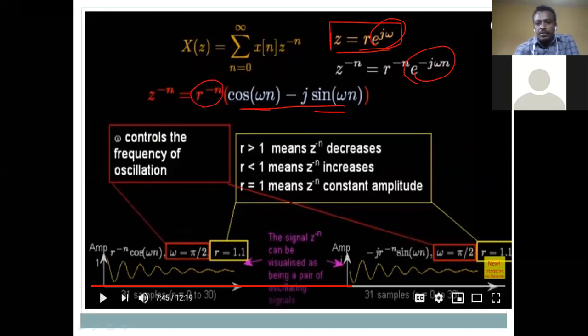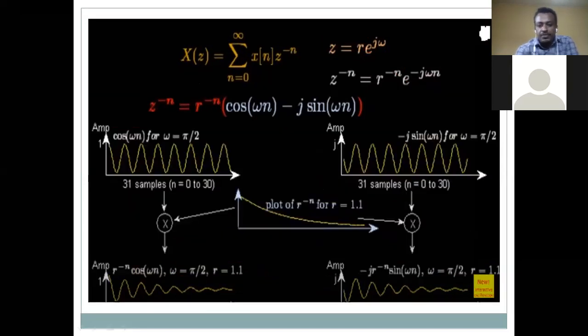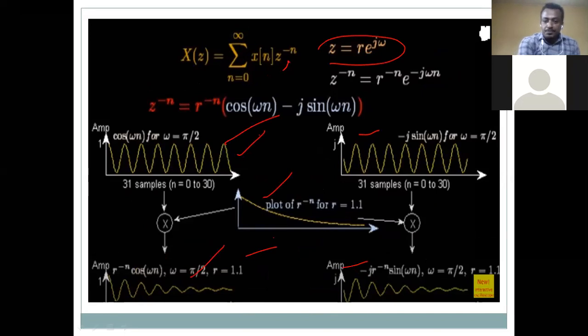R is the amplitude. So you can take different types of Z. It can be sinusoidal, it can be exponential, it can be decreasing oscillation, increasing oscillation. Z is a general complex variable, different types, okay? Compare this with x of n, correlation we call it, okay?